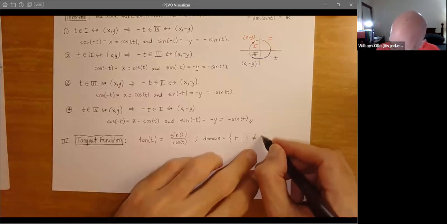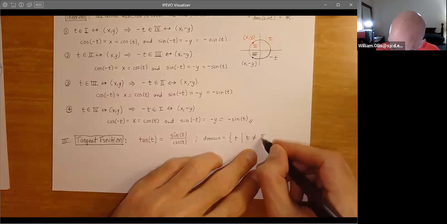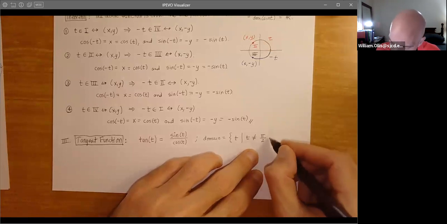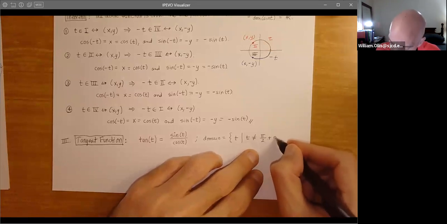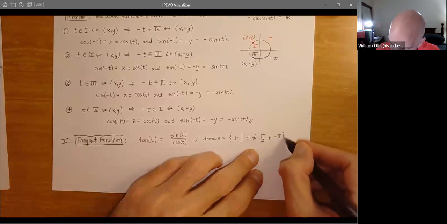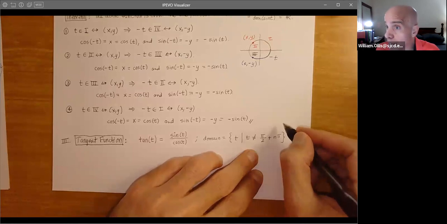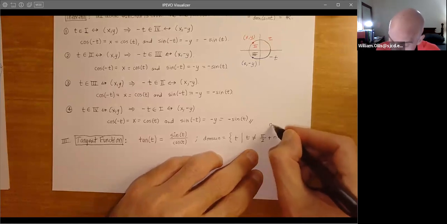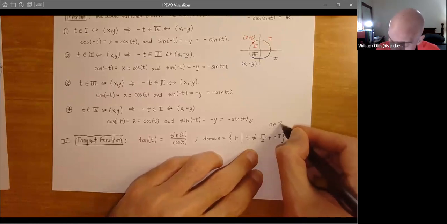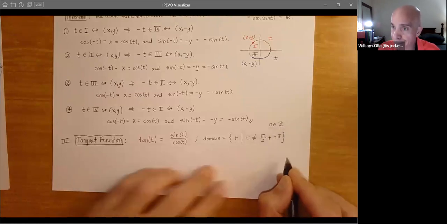So we can just say pi over 2, and we'll make this look a little bit neater, plus integer multiples of pi. Now, the book sometimes will use a K, sometimes they'll use an N. Here, they're using an N, so we're going to say N is an integer.